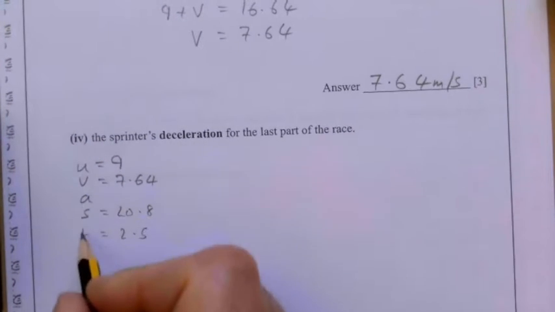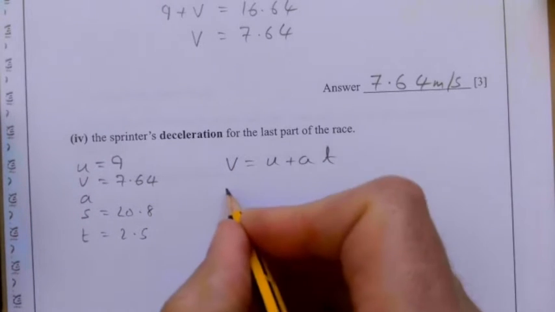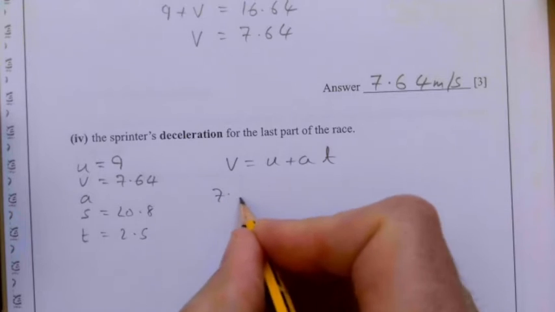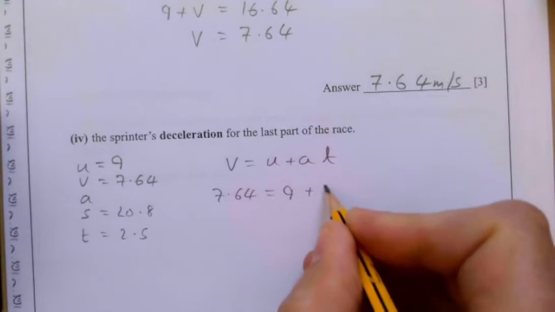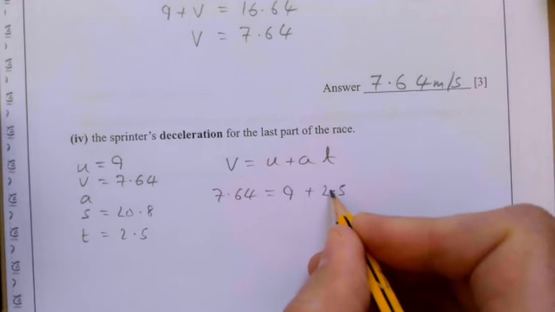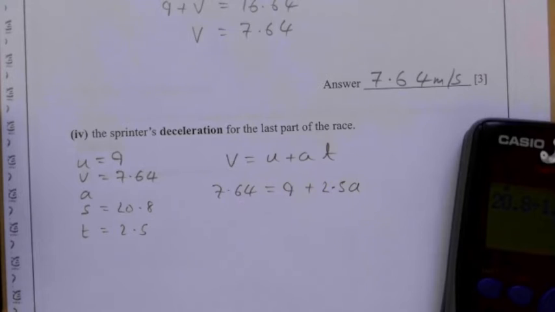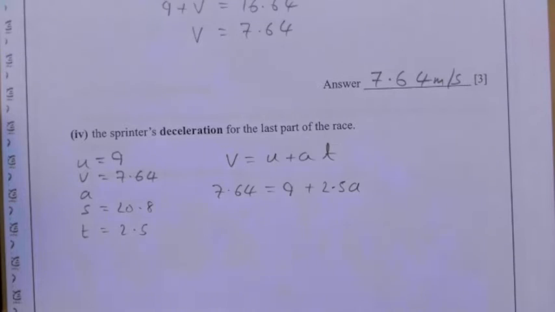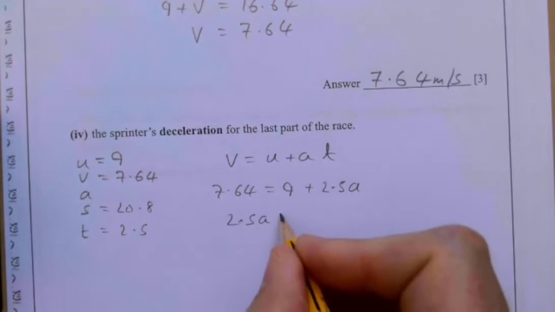So we're going to use v equals u plus at. And we have 7.64 equals 9 plus 2.5 times a. So 7.64 take away 9 gives me 2.5a. I've sort of flipped this around, I hope that's okay.